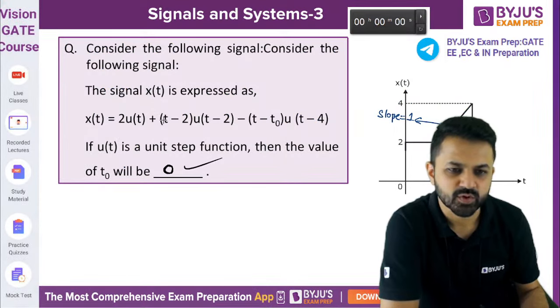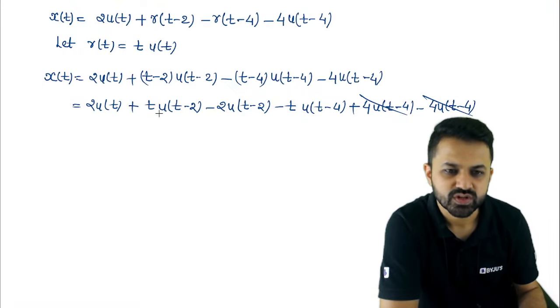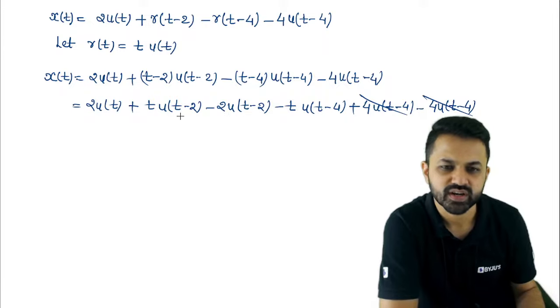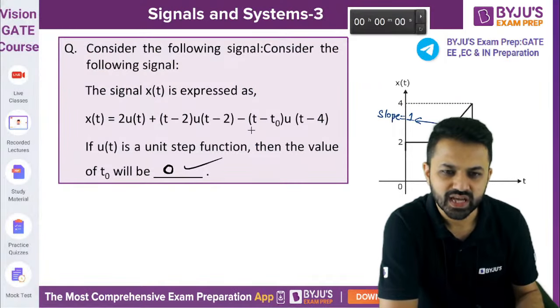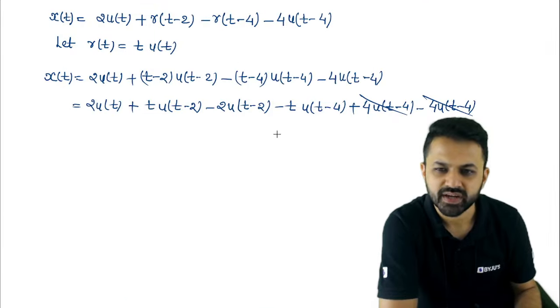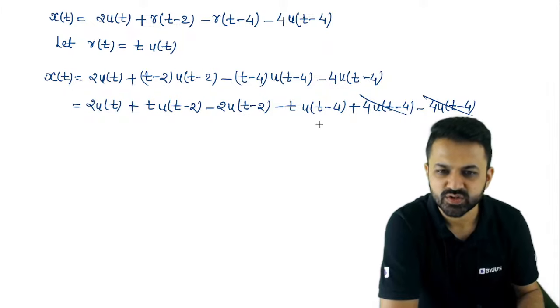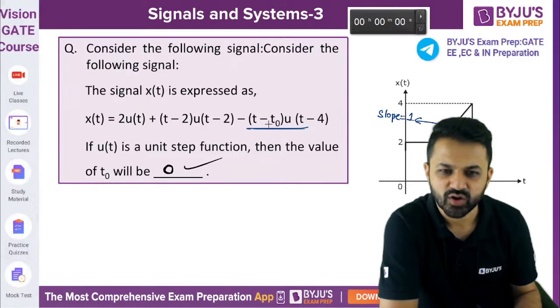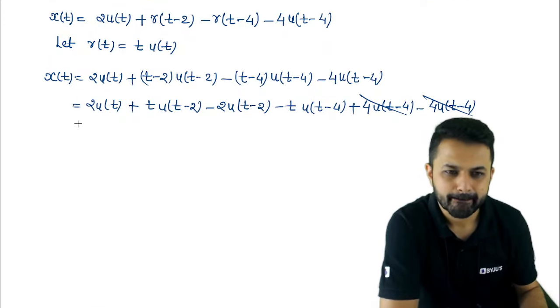Now what is our standard form? 2u(t), then (t minus 2)u(t minus 2). Okay, fine, these two are correct. Now the last two terms, u(t minus 4), we have to take common, so it is (t minus t naught)u(t minus 4).